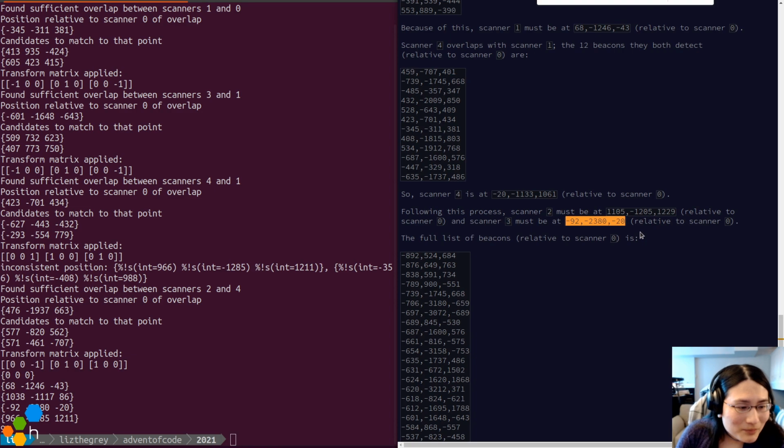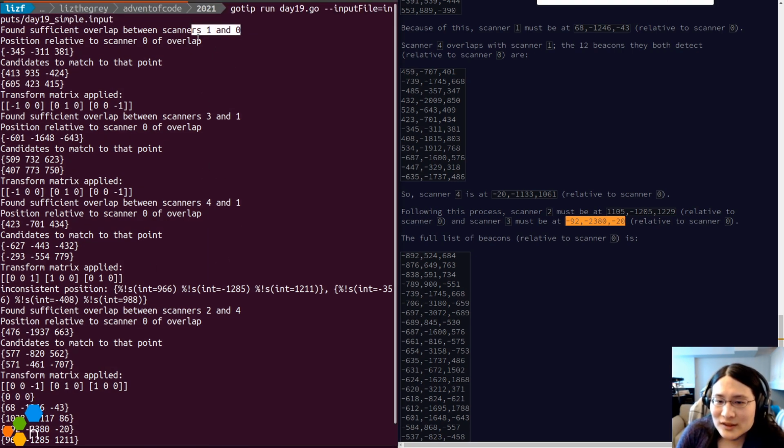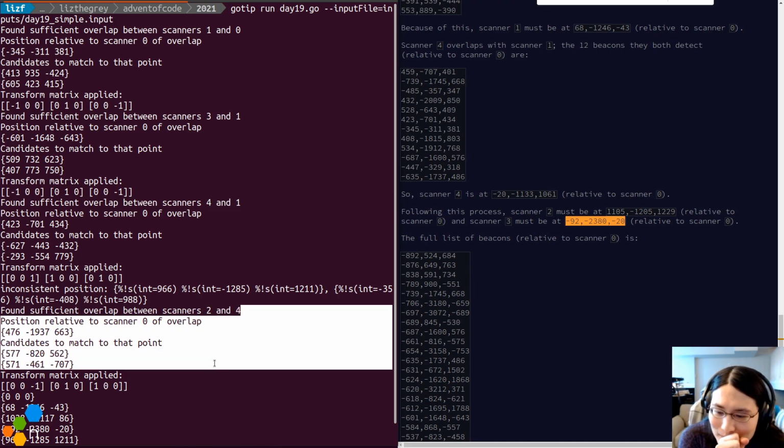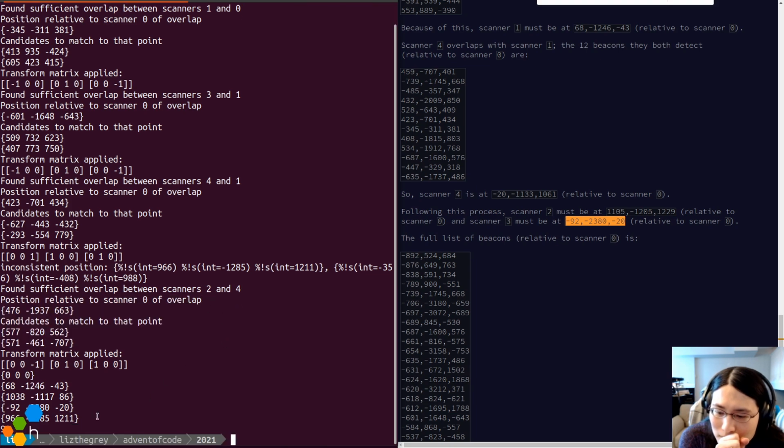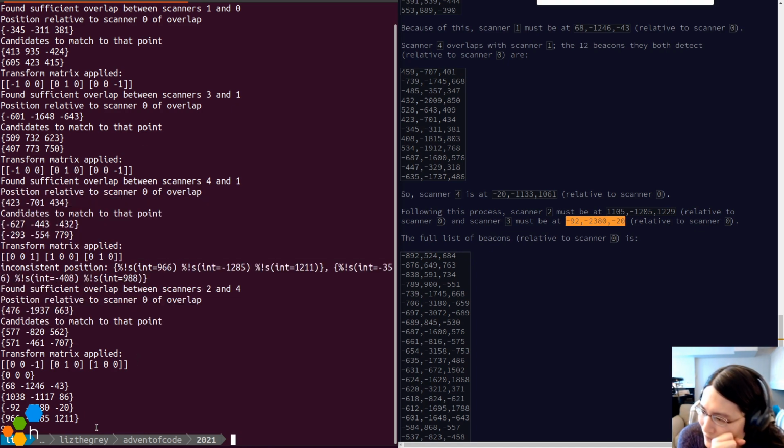So even applying from 0 to 1 and 1 to 3 works, but not from 1 to 4, which is an especially infuriating bug. And then that error is carrying over into the overlap from 4 to 2. Because once you get four's coordinate wrong, then you mess up the position of 2, even if you don't mess up the orientation of 2.